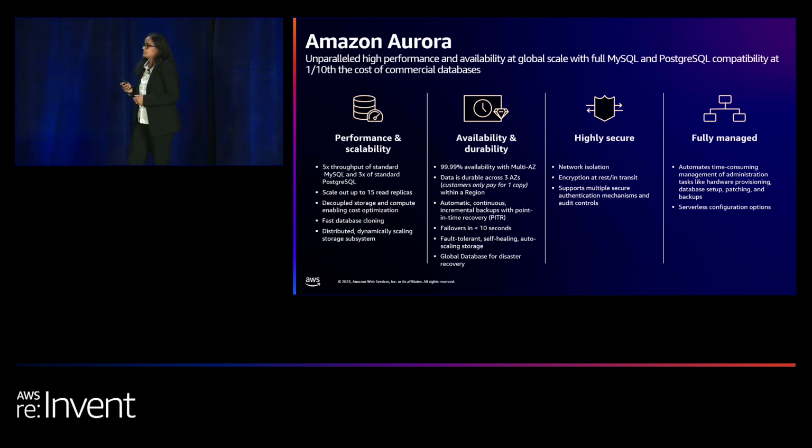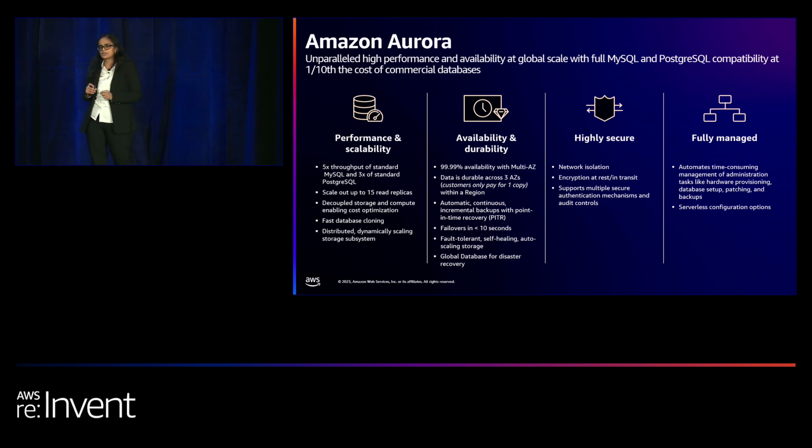It also comes with a bunch of tool sets so that you can build applications easily, whether they are serverless applications or, more and more, generative AI applications. Aurora is also a fully managed system, which means that you don't have to think about hardware provisioning, database setup, patching, backups; they're all fully taken care of.